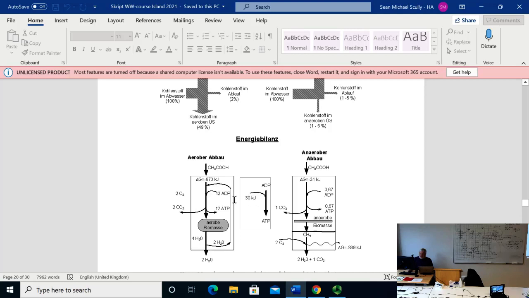ADP is about 30 kilojoules, so you produce here 12 kilojoules, which is 360 kilojoules out of the 87, which makes about 42% efficiency for that ends up in the biomass, and some 58 or 57% end up in heat when you dissipate it into the fermentation.